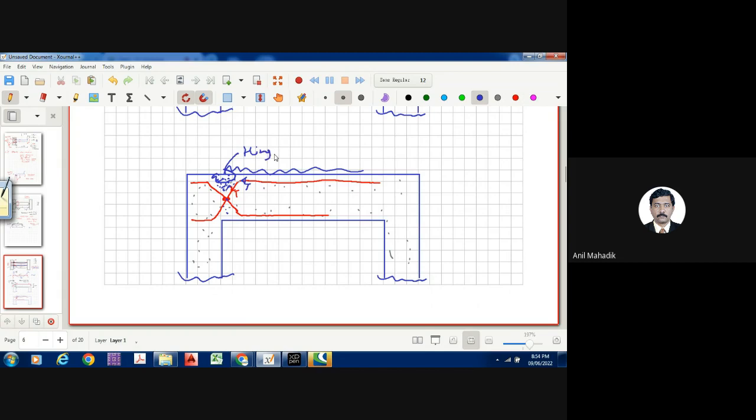So in RCC, the hinge gets created by cracking of the concrete at the support. If you see any cracks at the supports like this, then you can say your beam has become simply supported, or the support has become hinge support. So hinge indication in the concrete structure is crack.